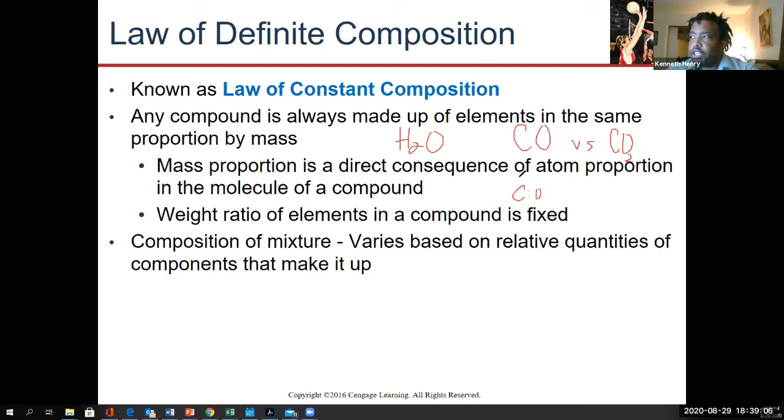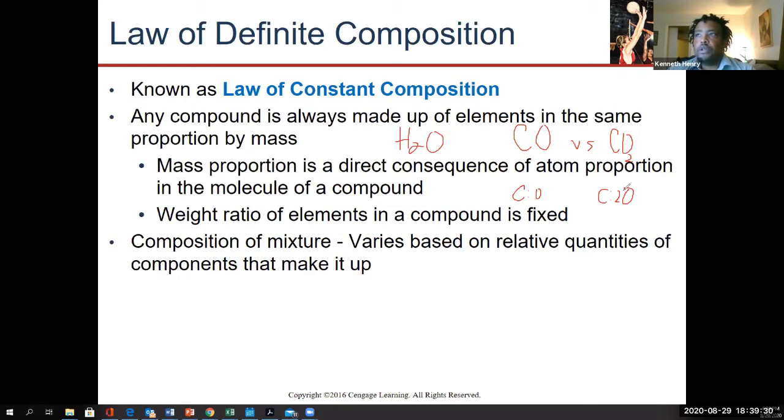Carbon weighs 12, oxygen weighs 16. In CO2 we have 1 carbon and 2 oxygens, so that's a ratio in terms of mass.